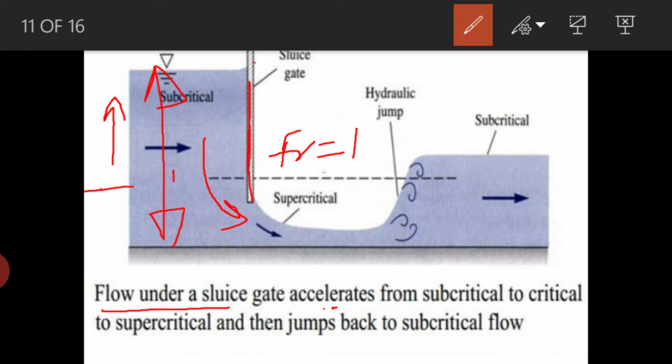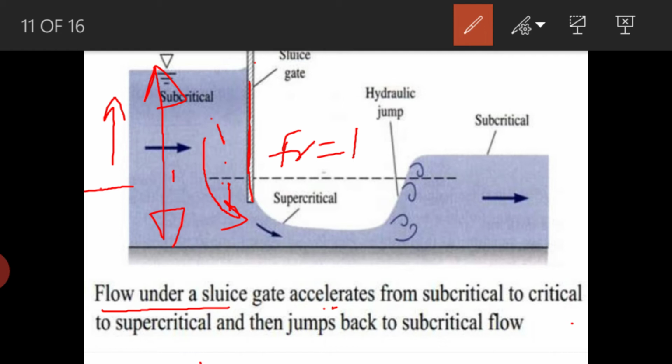It comes here, then it comes down to the critical flow, meaning it is changing from subcritical to critical, then critical to supercritical. That is given here: the flow under a sluice gate accelerates from subcritical to critical, then from critical to supercritical, and then jumps back to subcritical.